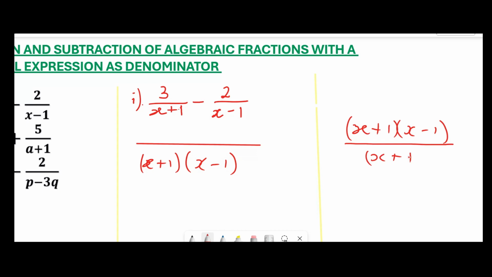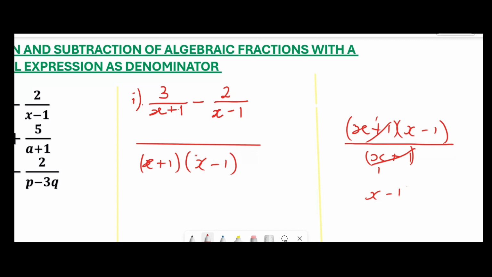This is actually the same as this one, so they will just cancel out, and we'll be left with x minus 1. So that means x plus 1 goes into the whole of this x minus 1.